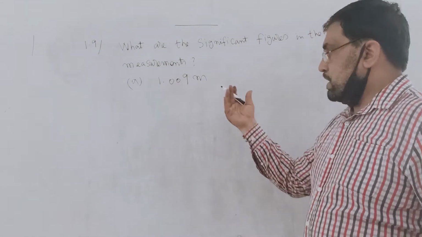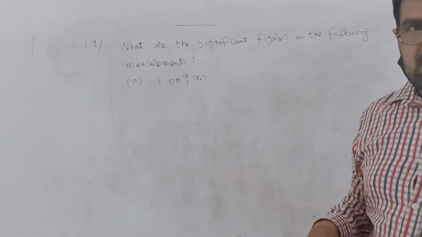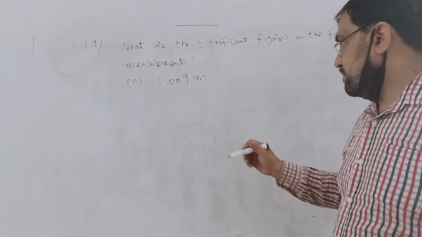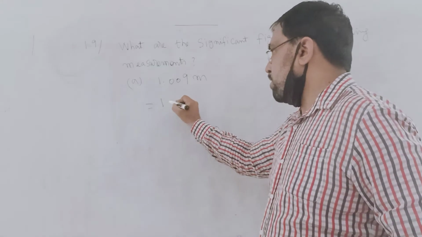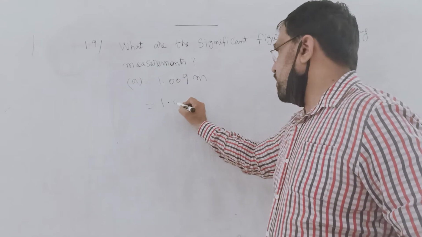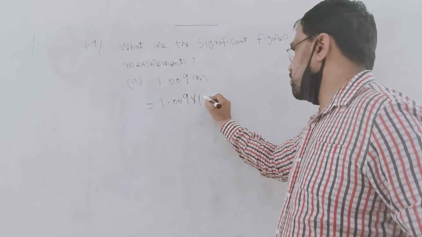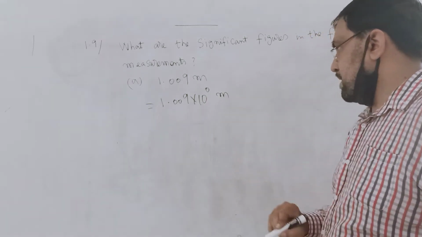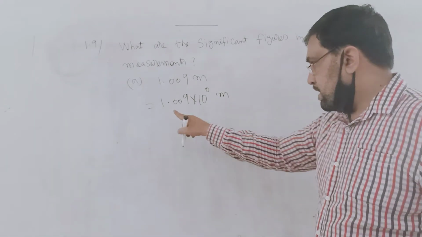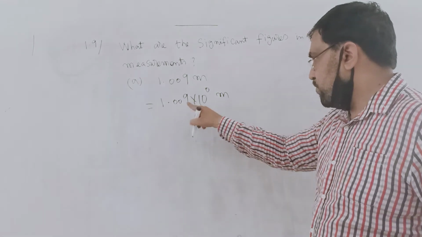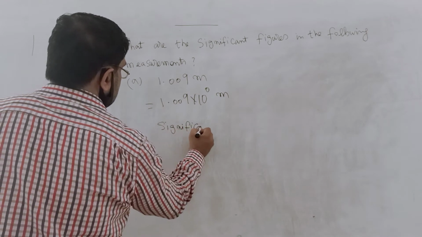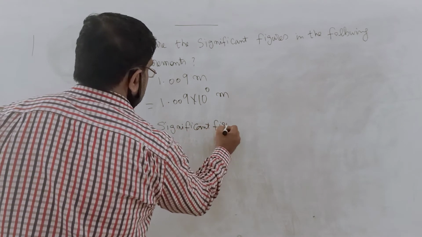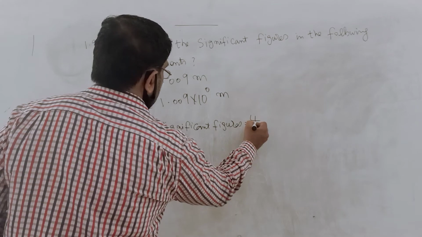We change it into scientific notation. The point must be placed after the first digit. It is already after the first digit. 1.009 into 10 raised to power 0 meter. Now count the digits: 1, 2, 3, 4. So its significant figures is equal to 4.